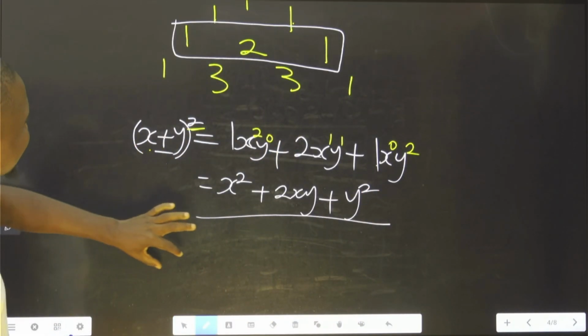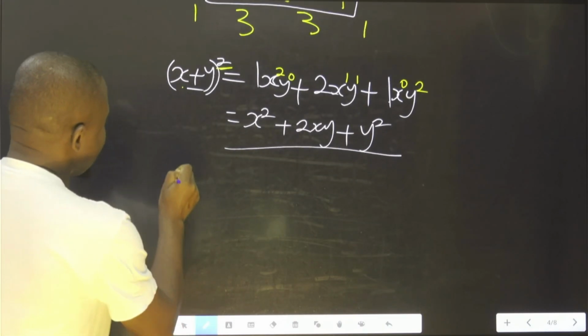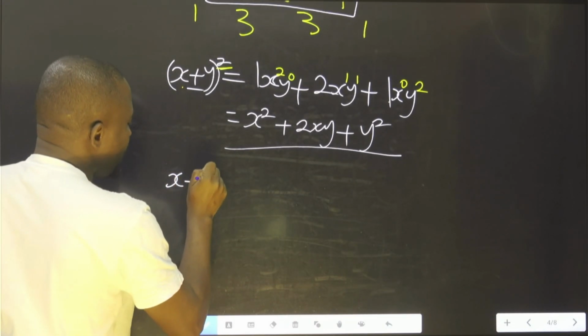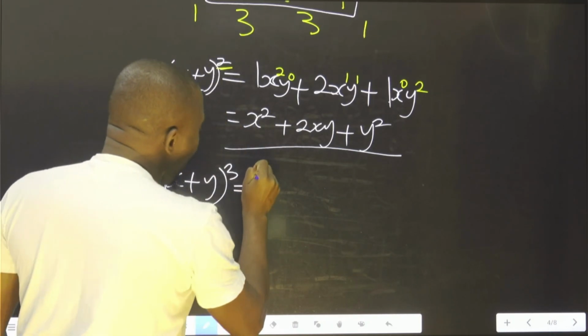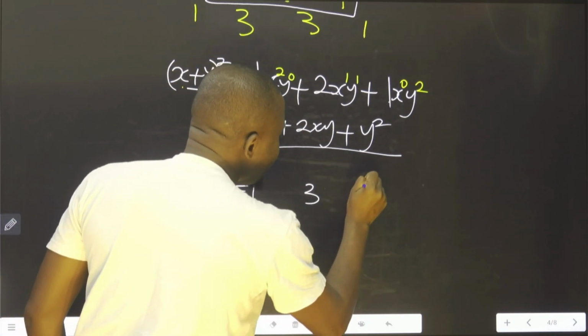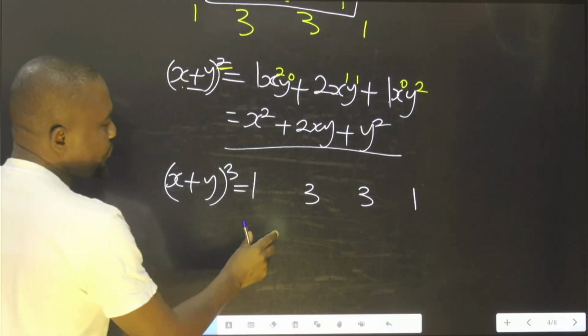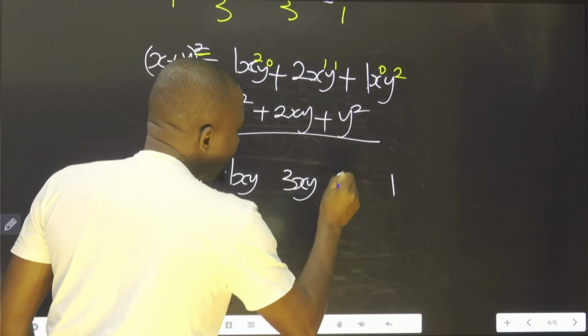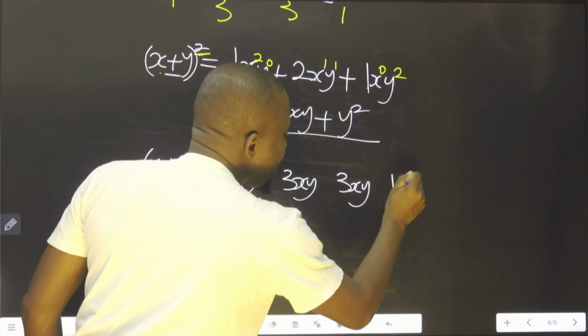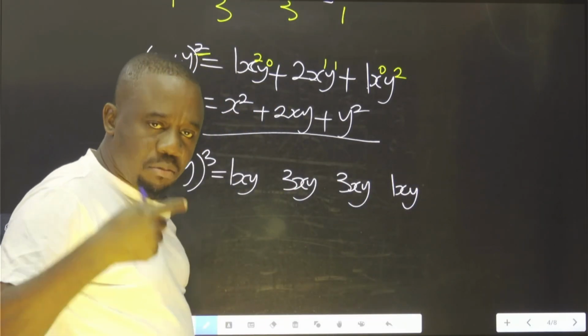So the second one says we should find (x plus y) raised to the power of 3. All we need to do is write out the coefficients 1, 3, 3, 1. Okay? Then we combine this together. I'm giving you the easiest way of doing it.